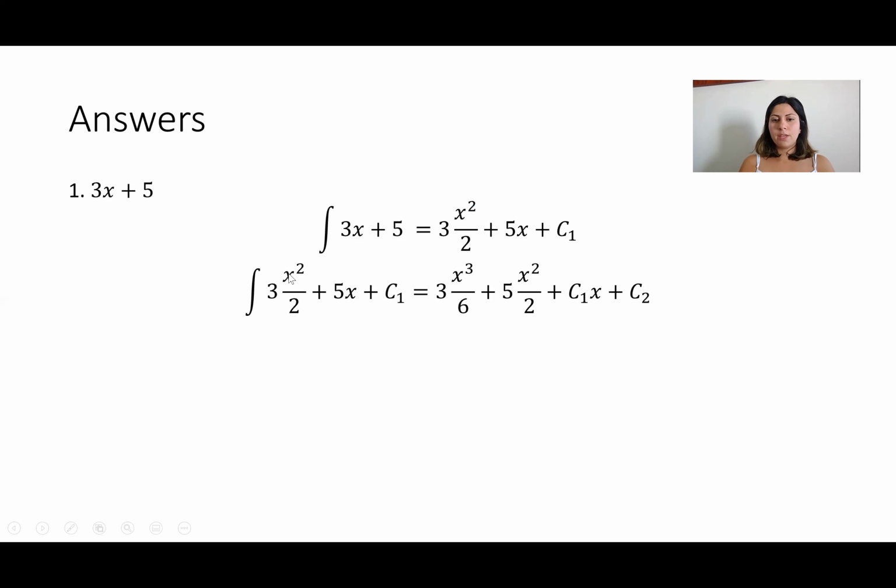So you have x squared, so it gives you x cubed divided by 3, and you had 3 before, so that would give you 6, plus 5x, x turns to x squared divided by 2, plus a constant, which turns to constant c1 times x, and you have another constant c2.